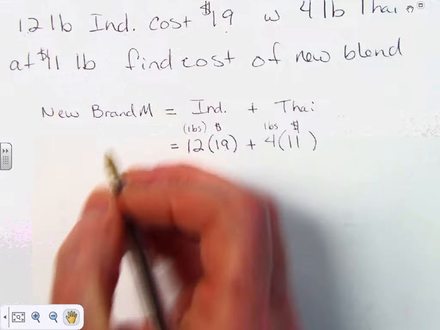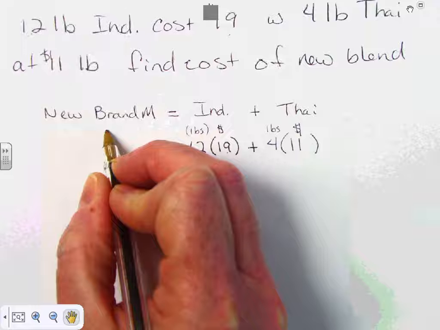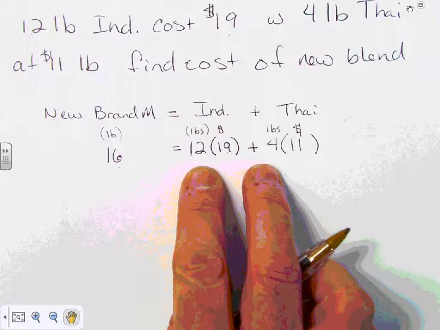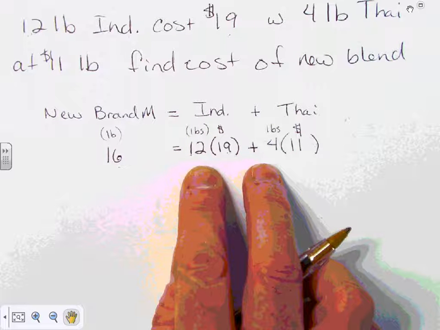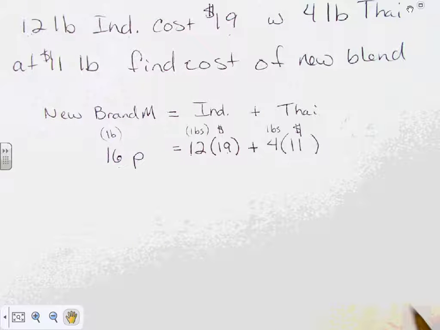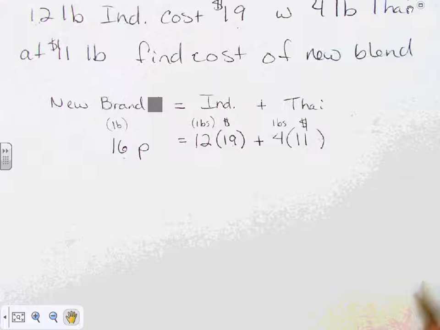So even if they had not told us there was 16 pounds of this new stuff, I could have figured it out. Does that make sense? What I'm missing is the price. That's my unknown variable, so I'm going to put a P for price. We're just going to do the math now to find out what the price should be.